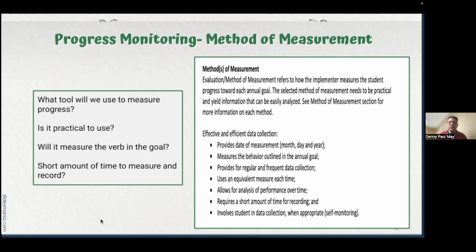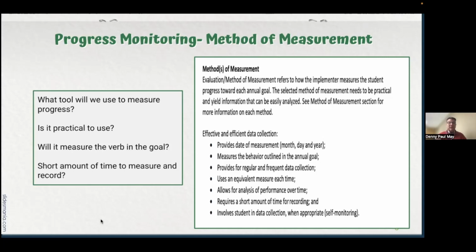But then you're also going to say, well, what do I hope to get from that data? Am I going to do a frequency count? I'm going to see how many times that student can read those words, or what percentage of those words that they're supposed to be reading can they get this time on this particular level? So I'm asking myself some of those questions, and will it measure the verb?